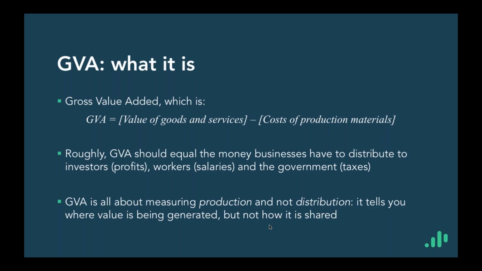So let's get right back to basics. GVA, what is it? GVA is essentially the value of goods and services minus the costs of production materials. If we use the evergreen example of the widget produced by a factory, then we have to minus the cost of the raw materials used to produce the widget and any energy that might have been purchased to fire up the machines.